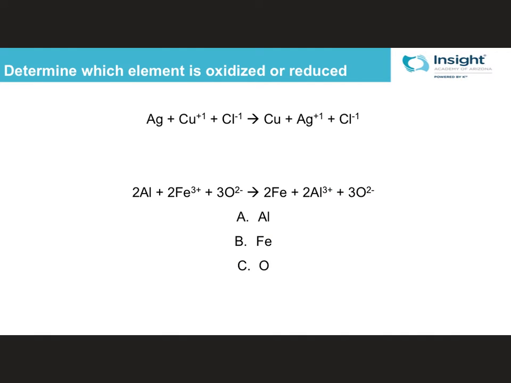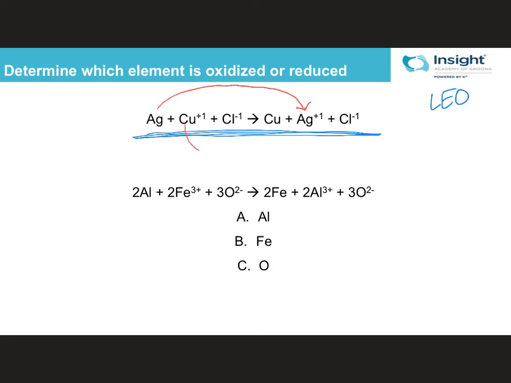All right, so let's practice that a little bit. How about this top reaction up here? Which element is being oxidized? This one's broken up for you so you can see what's going on charge-wise. So what does oxidation mean? Which element is losing electrons? If you need to, pair things up. So we've got silver going from neutral to +1.